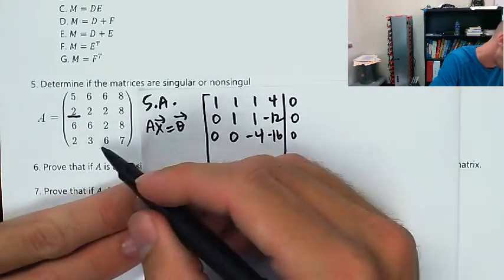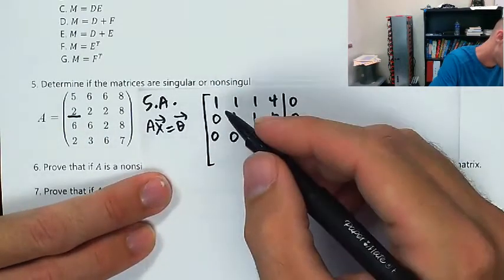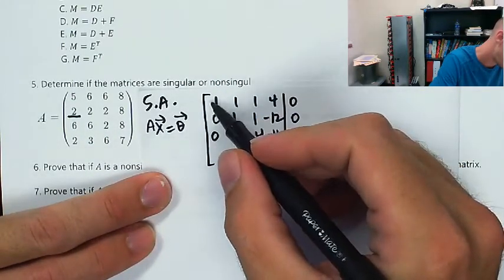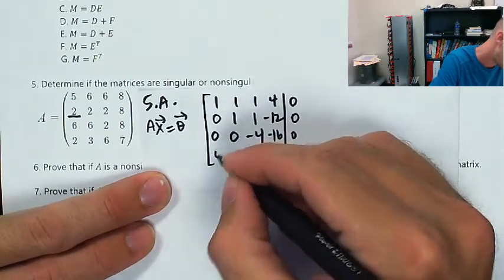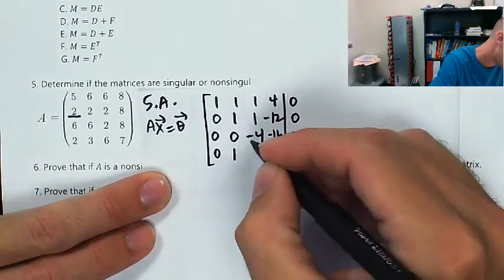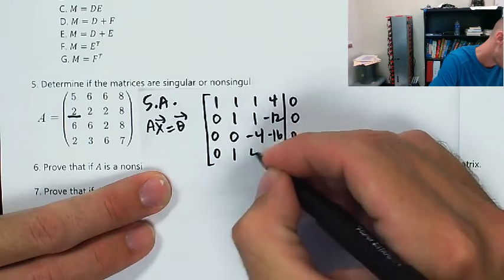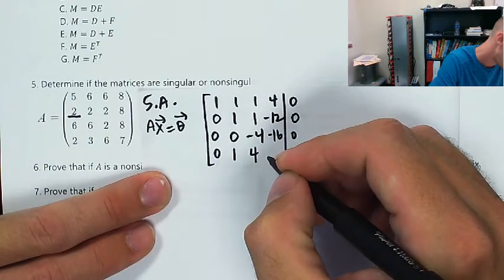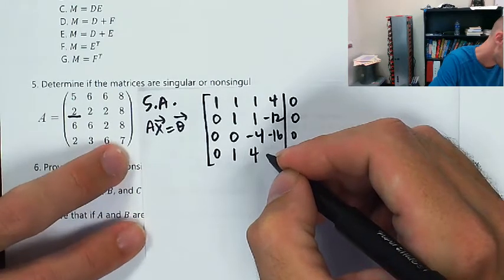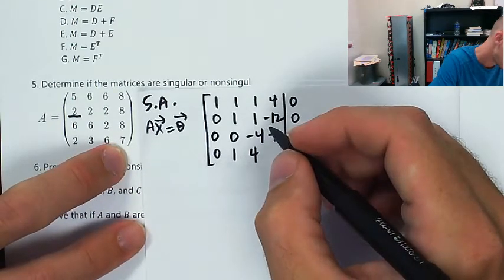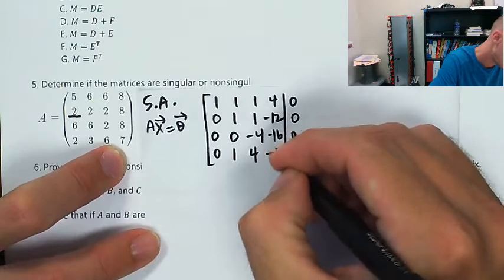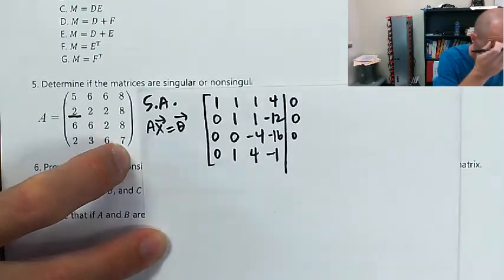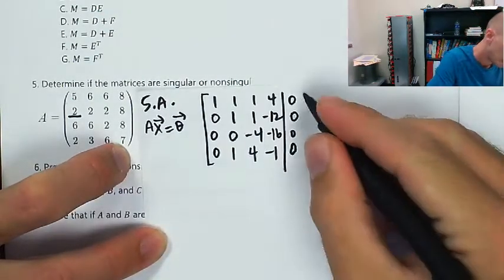And then down here, any luck, I just subtract 2 of these, so I'll have 2 minus 2 is 0, 3 minus 2 is 1, 6 minus 2 is 4, and 7 minus 8 is negative 1. Okay.